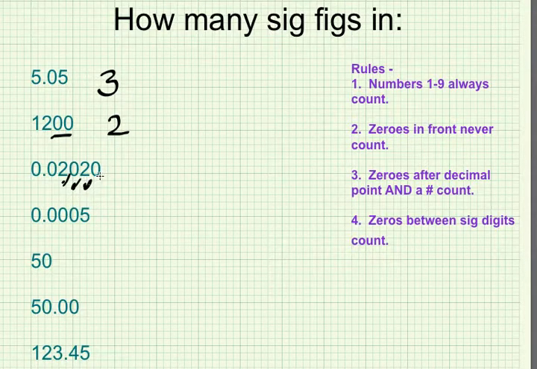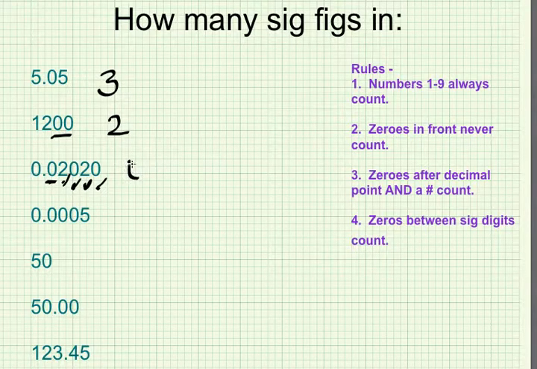What about this 0 far over here to the right? It's to the right of a decimal, it's to the right of a non-zero, and you'll see that rule number 3, zeros after a decimal point and a number, count. So this one's going to count. But then we've got this, and all it's doing is it's a placeholder. It's telling me how large the number is. Zeros in front never count.